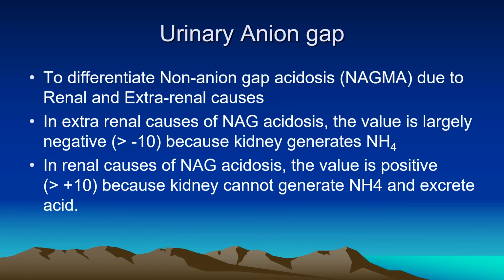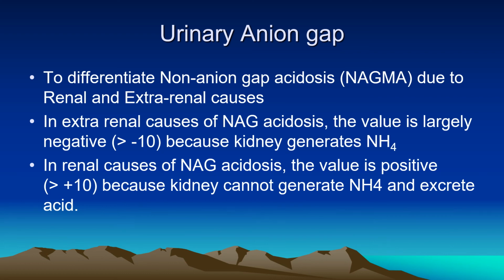So, urinary anion gap will be used to differentiate non-anion gap acidosis due to renal and extrarenal causes. In extrarenal causes of non-anion gap acidosis, the value is largely negative because the kidney generates ammonium ion and excretes it.